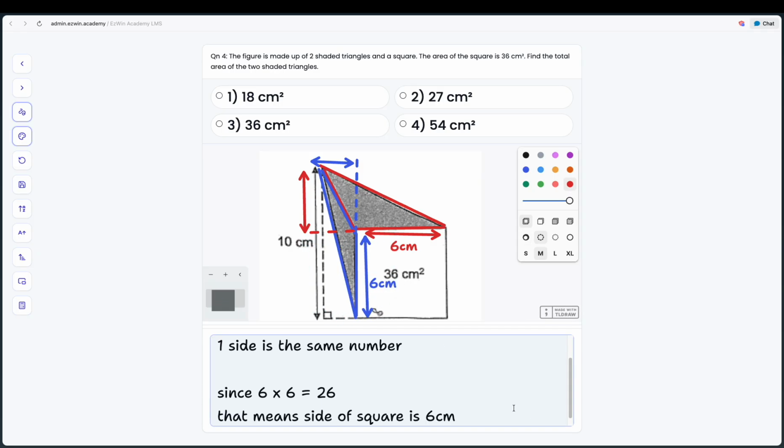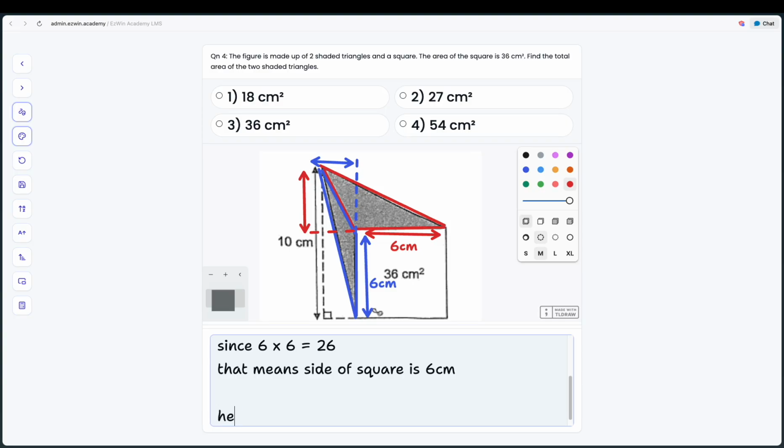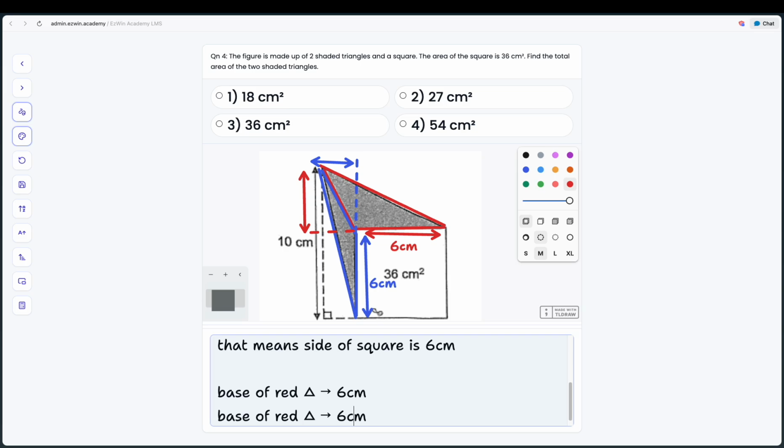So for the area, the base of the red triangle is equal to 6 centimeters, and the height of the red triangle is equal to 10 minus 6, and this gives us 4 centimeters. Okay, what about the blue one?